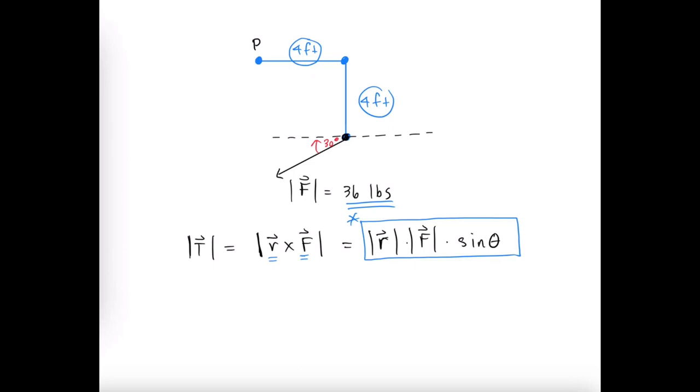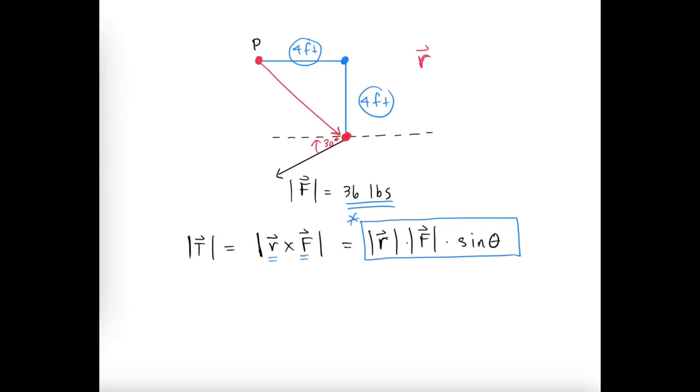One thing that we do need to make note of is the position vector. Because we have a bent arm here, or a bent wrench, the position vector is not clearly drawn. The position vector is actually going to be defined to be having an initial point that is our pivot point, and the terminal point of our position vector is going to be the place at which the force is applied.